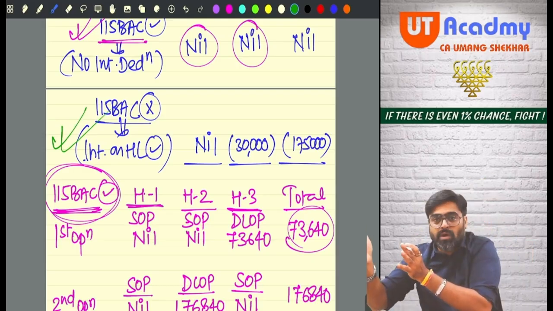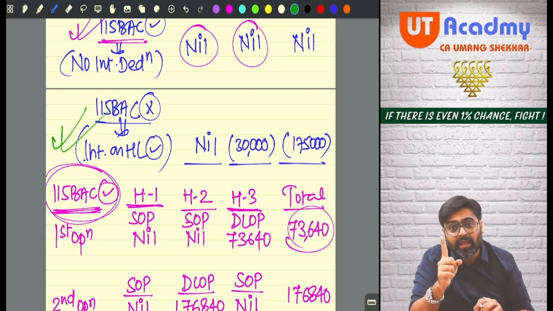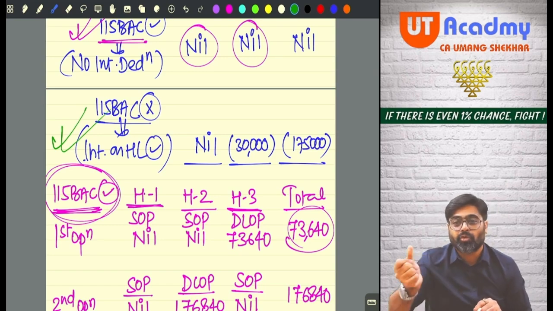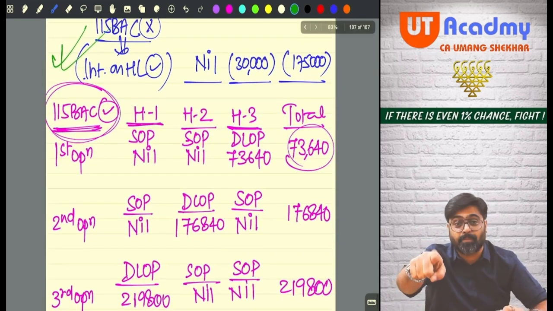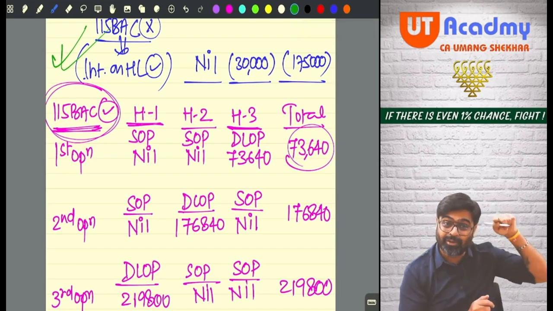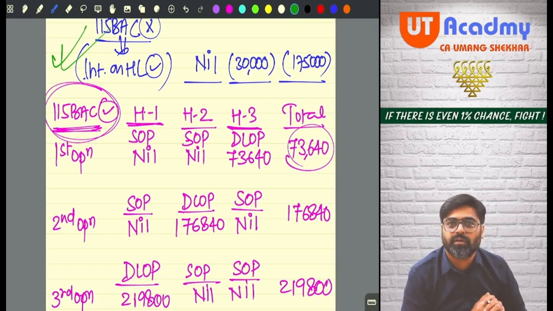But if I shift out of 115 BSC, then I will get interest deduction. Then it will be nil, negative 30 and negative 1,75,000. So the same table which I made with pink color, now I will be making with green color, assuming that the assessee is not following 115 BSC, yes or no?